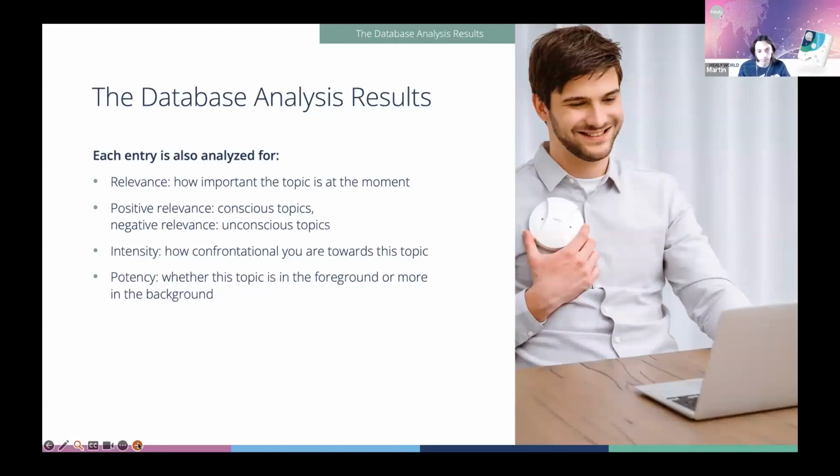And of course, potency, whether a topic is in the foreground or more in the background. If you have deep potencies, so very low potencies, it's already in the foreground, you know it, it's there, you can deal with it. When it's more in the background, it's maybe something of my mother, of my ancestors, or even of a different life.